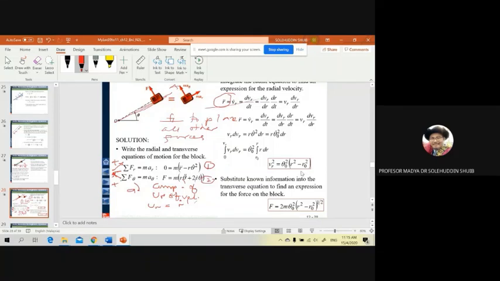So what is V_r? Now we have V_r square, but the question asks you to find V_r. So how do you get V_r? Square root.